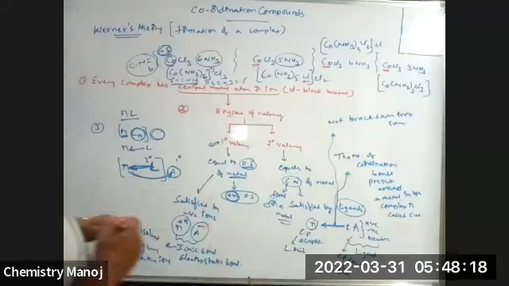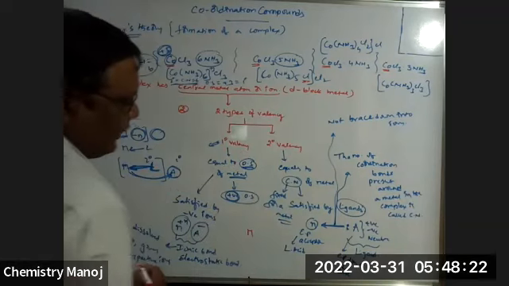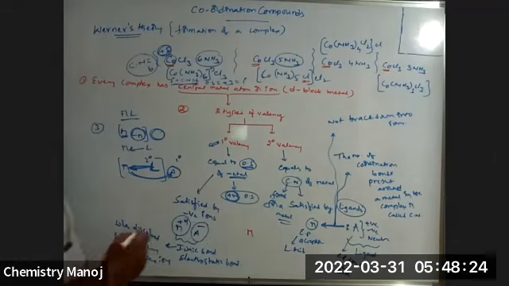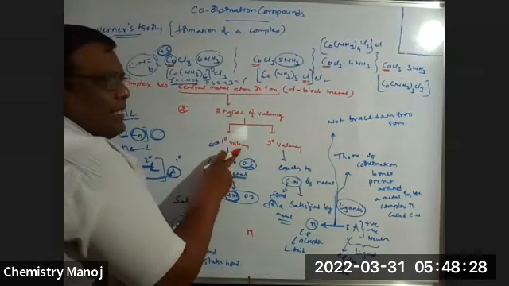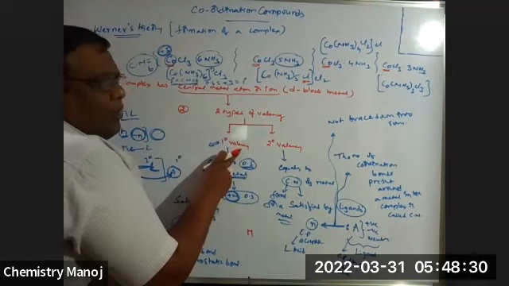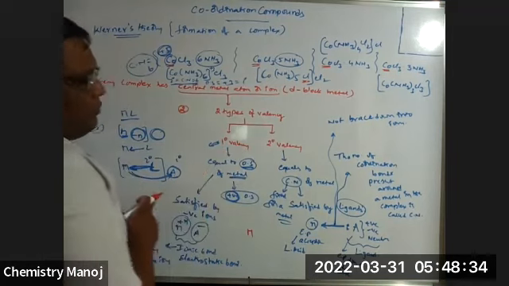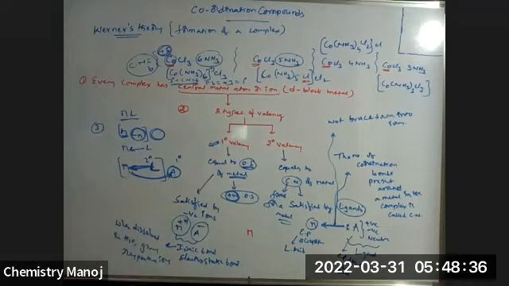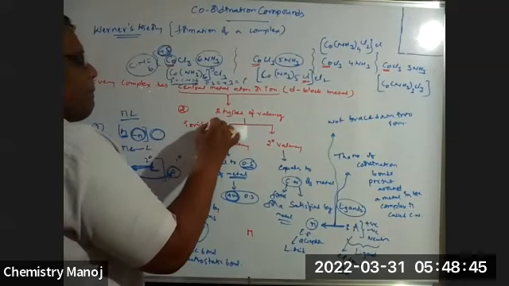Now, according to Werner, see here, the metal has 2 types of valency, primary valency and secondary valency. Is the primary valency ionizable or not? Does it break down into ions or not? Yes, sir. That is right. Primary valency is nothing but ionizable valency.